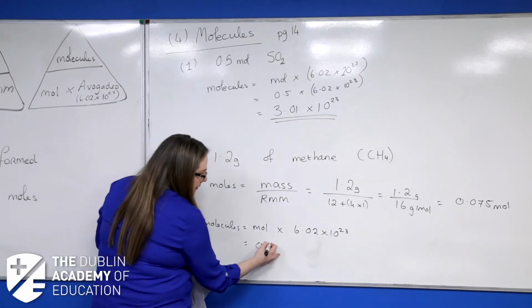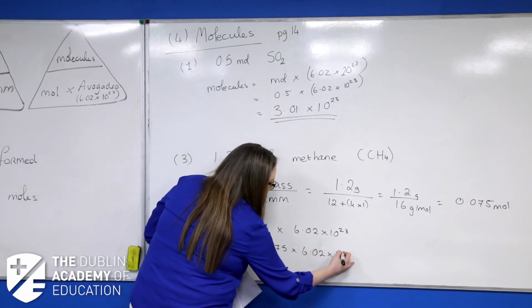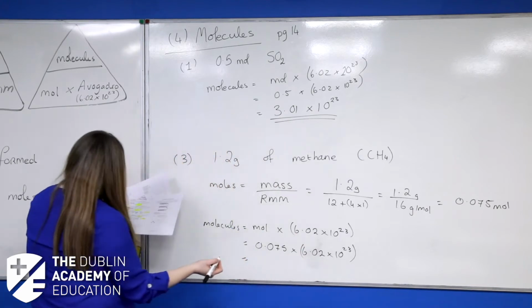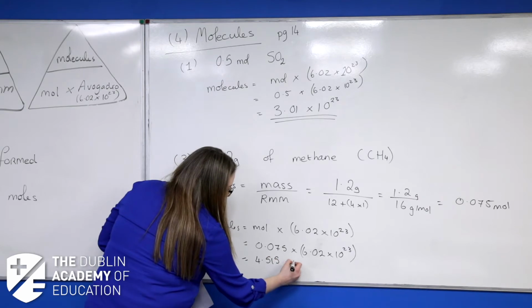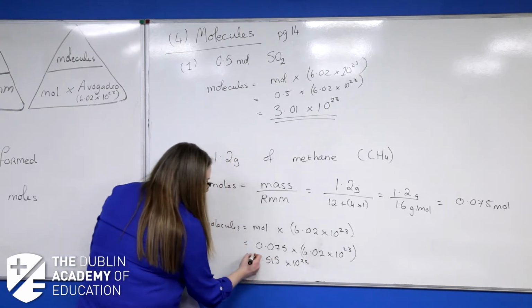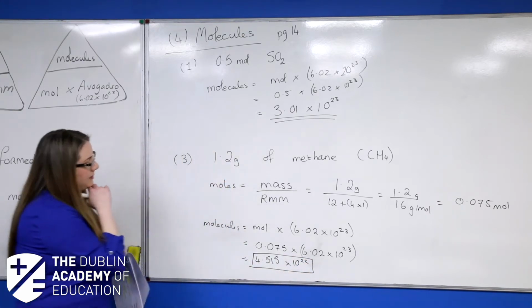So it's 0.075 times 6.02 by 10 to the 23, which is going to give me 4.515 by 10 to the 22. And that's how many molecules of methane are in 1.2 grams.